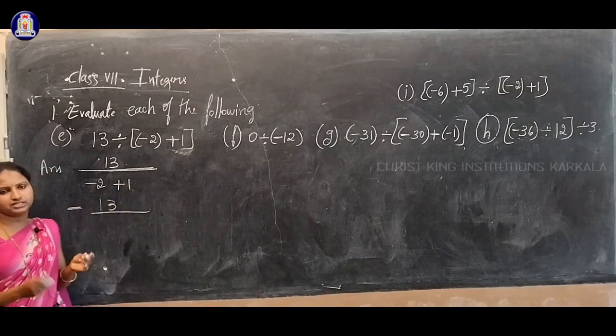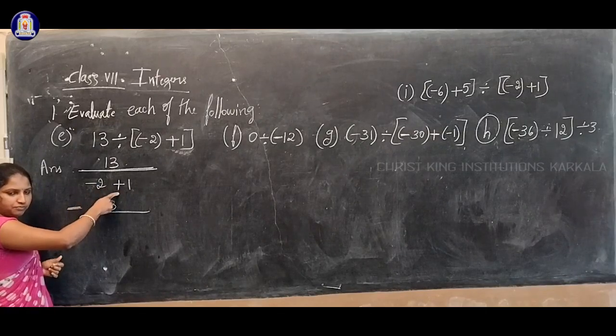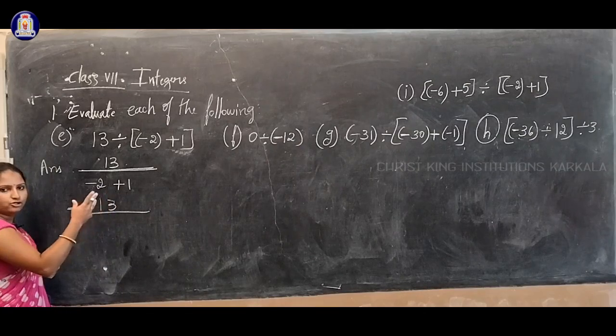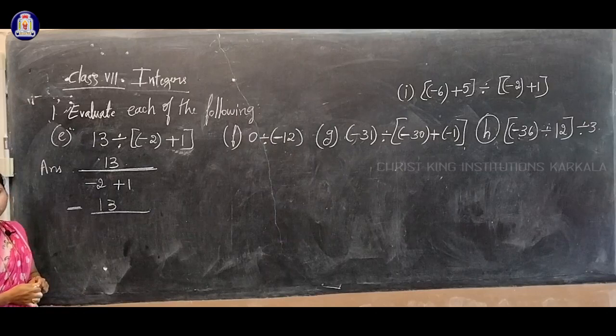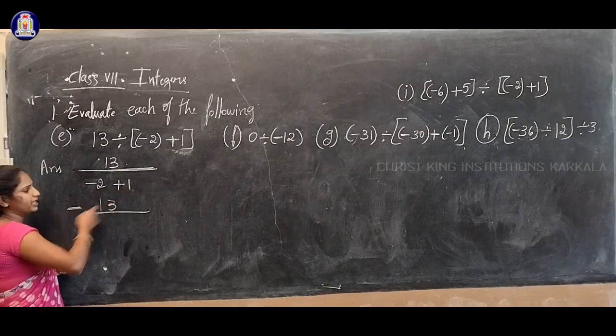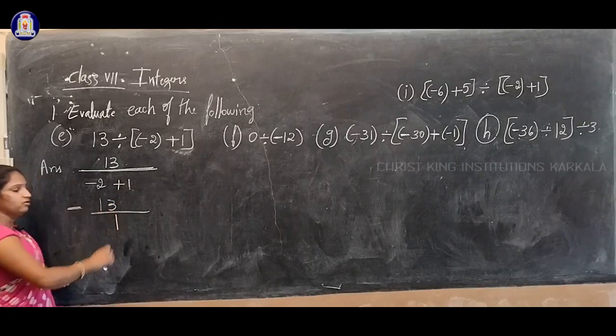Now see the denominator: minus 2 and plus 1. Minus plus is a different sign, and different sign means subtraction. So 2 minus 1 is 1.